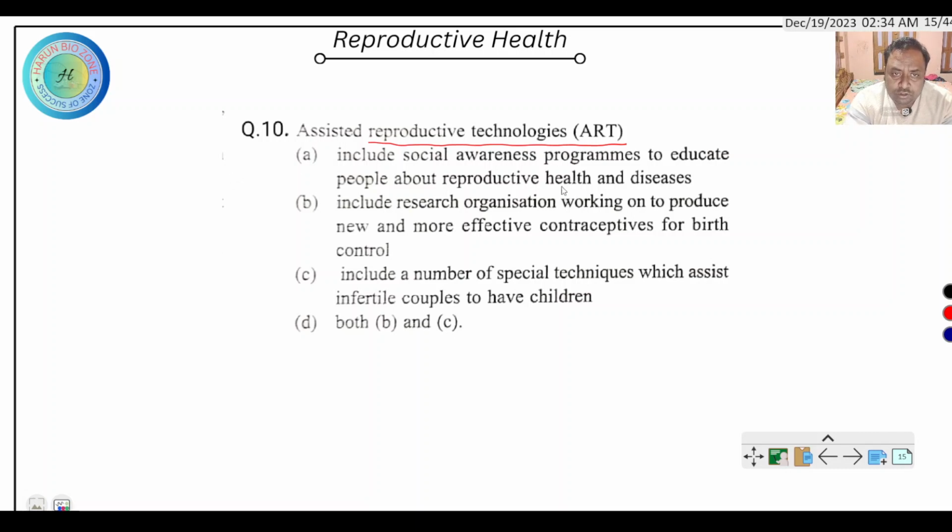So it is not a health and disease program; it is a reproductive technology where fertilization is done artificially and test tube babies are produced. ART also does not include research organizations working to produce new and more effective contraceptives, because contraceptives prevent childbirth, whereas ART stimulates childbirth.